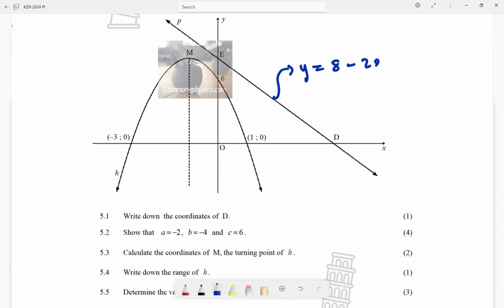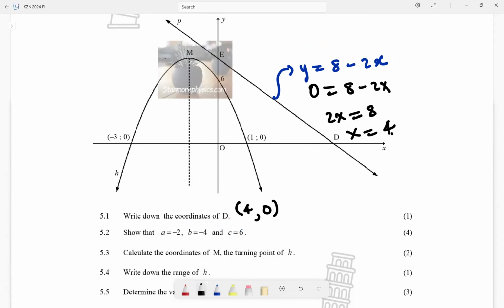If I want the x-intercept, I should let y equal 0. So 0 is equal to 8 minus 2x, then I take 2x to the other side, 2x is equal to 8, so x is equal to 4. So the coordinate here is when x is equal to 4, with y as 0.